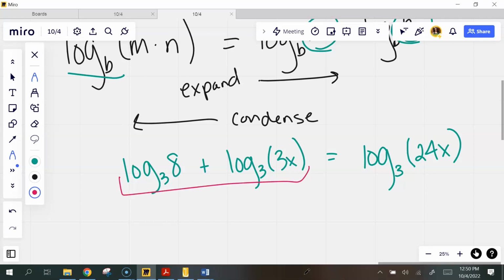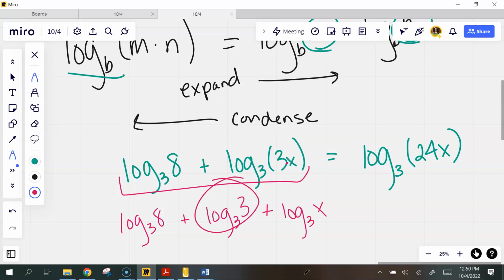If I started with this and I told you to expand it, is it already expanded as far as it can go? No. What could be expanded further? The 3x, because I'm multiplying here. Do you agree? That's right. I could expand that into log base 3 of 3 plus log base 3 of x.